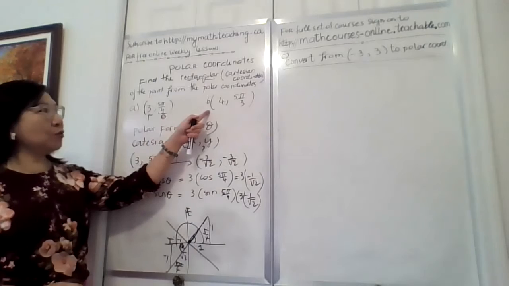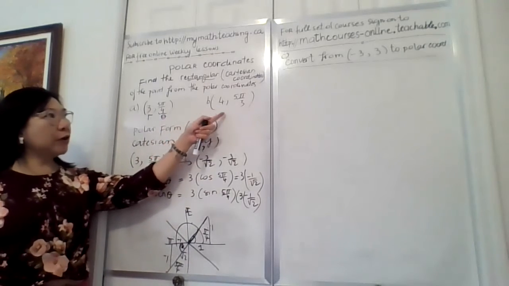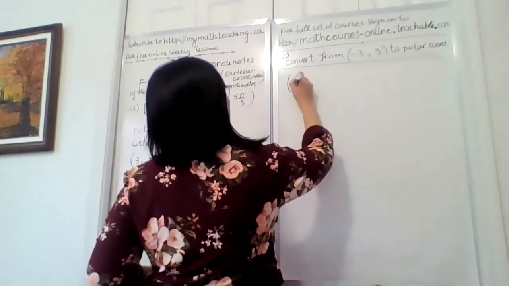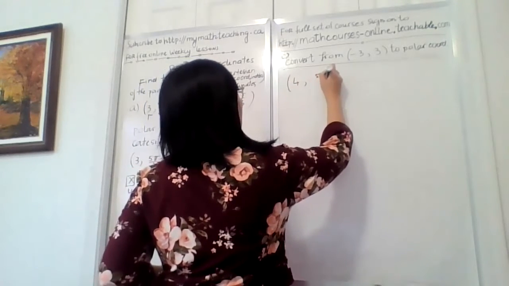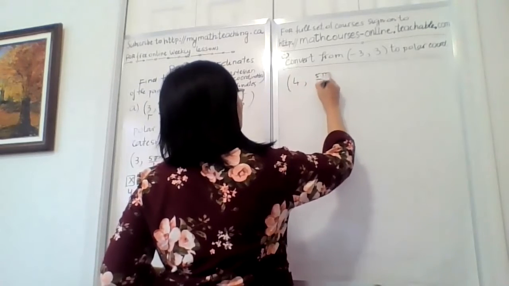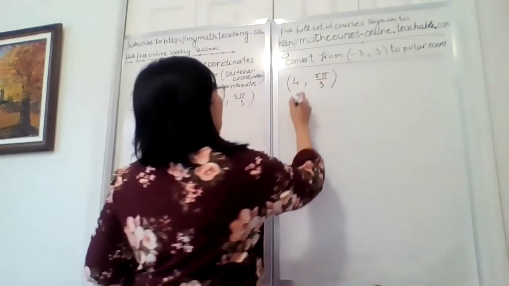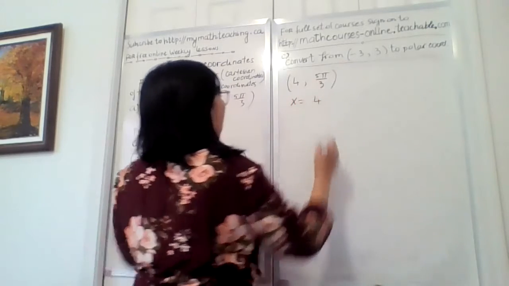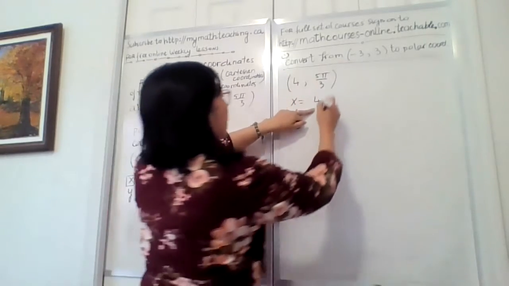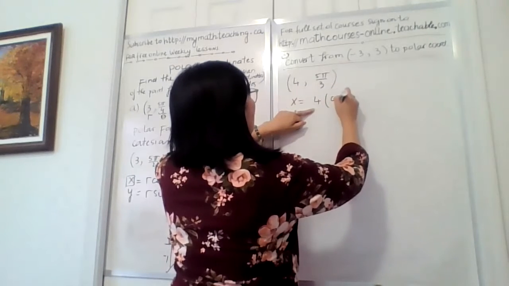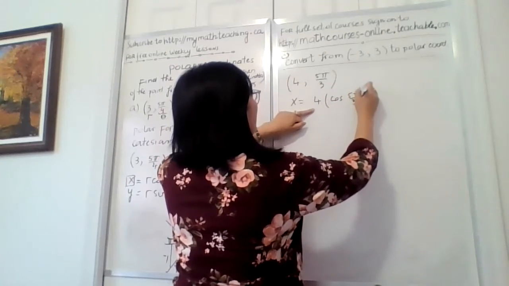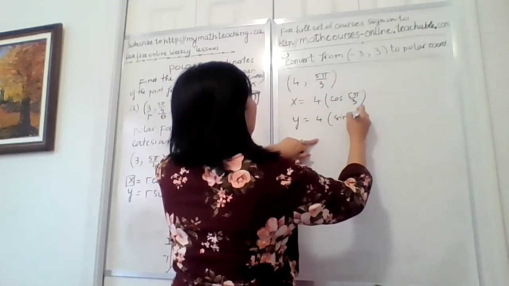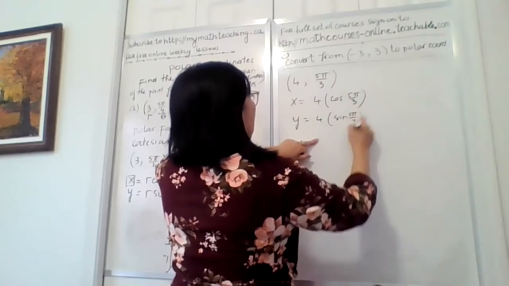Now let me show you the next one, 4 and 5 pi over 3. So we're going to convert this coordinate, r is 4, and the angle is 5 pi over 3. So again, x will be equal to r, which is 4, times the cos of 5 pi over 3, and y will be equal to 4 times the sine of 5 pi over 3.